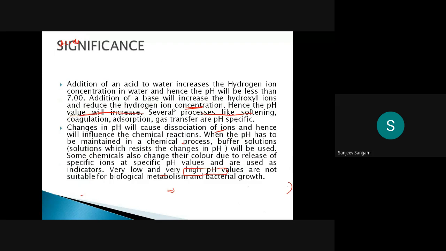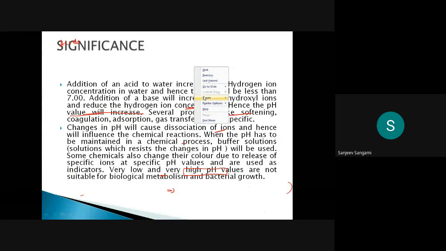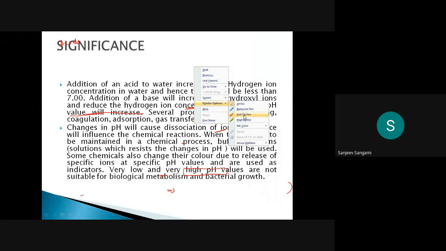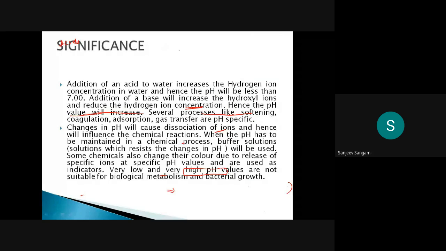As per the IS code, the pH of the water should be in between 6.5 to 8.5, and in the new code, that is 2012, the permissible and relaxation that we discussed.